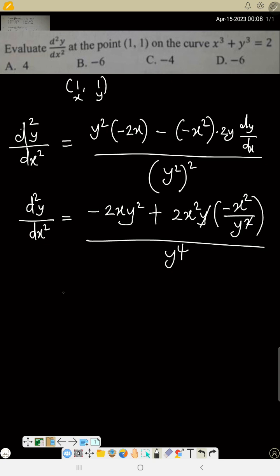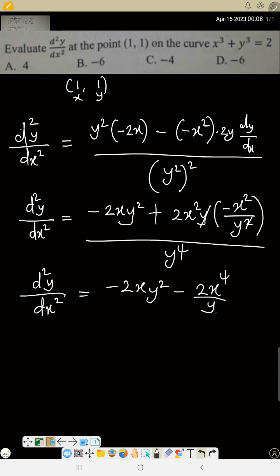So now this is the same thing as d squared y over ds squared is equal to minus 2s y squared plus 2, there is minus there, because minus times plus is minus, 2s raised to power 4 divided by y.